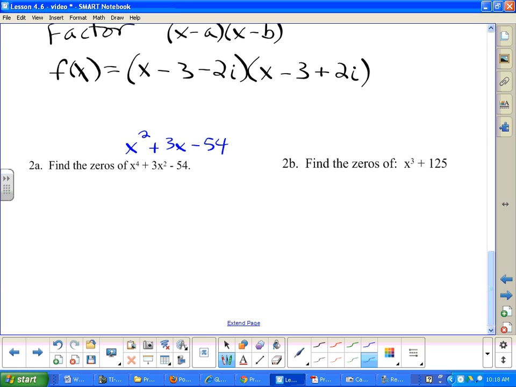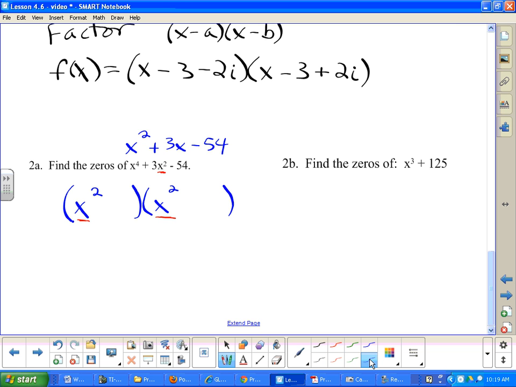The only difference is that my first terms in each of my factors are going to be squared instead of just being x, because it always works out that whatever this middle term is, that's what goes here and here, as long as the degree of the first term is twice the degree of the middle term.